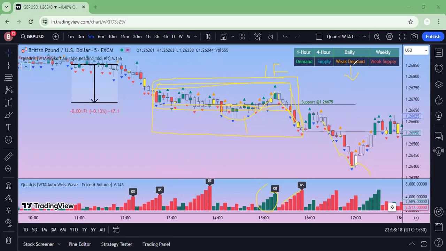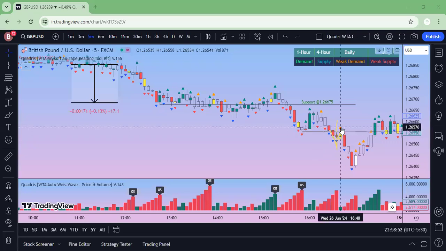Weak demand means there was no effort to take the market upwards, and weak supply means there is supply, so price might follow the downward direction. So having said that, I got an opportunity over here. This was a breakdown, a test, and a yellow candle, which is my favorite trend change or price continuation. If I hover my mouse over this one, you could see.